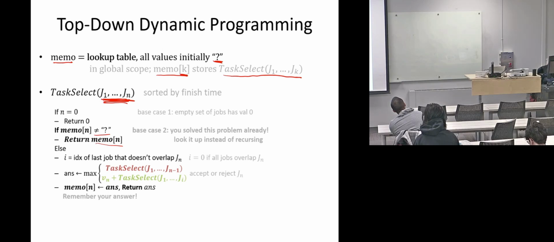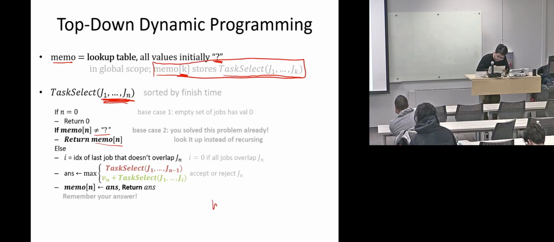What do you mean? There won't be any duplicates where you have two different solutions, I guess. Well, memo k just stores the optimal solution when the input is this one. So there is only one number assigned to memo k. There is no duplication.